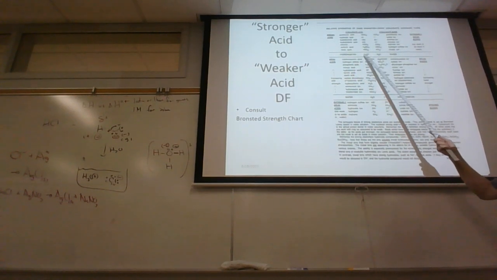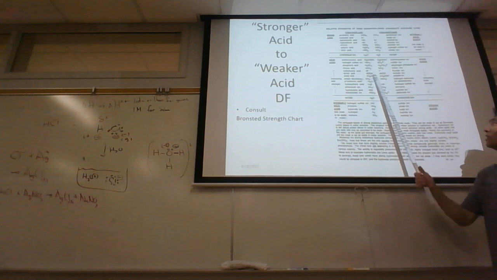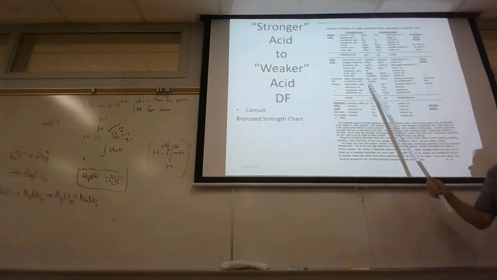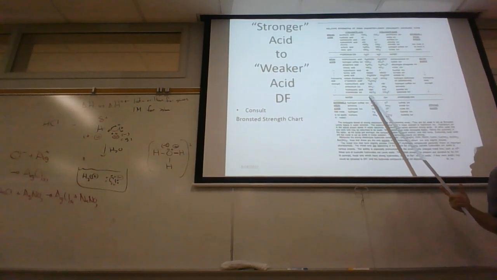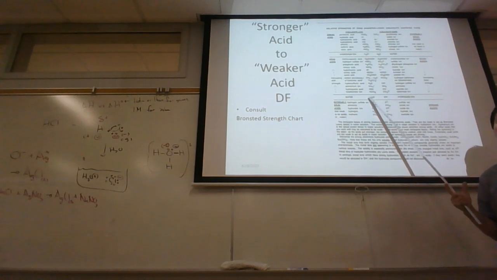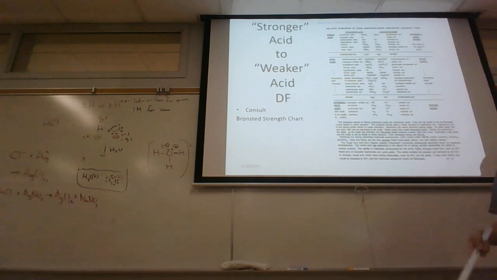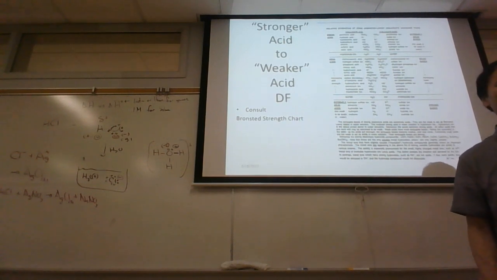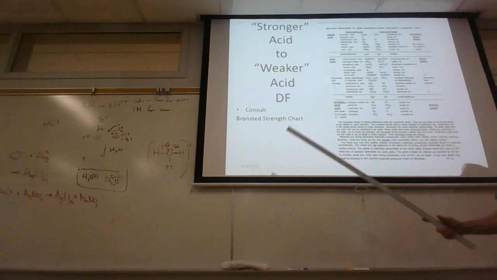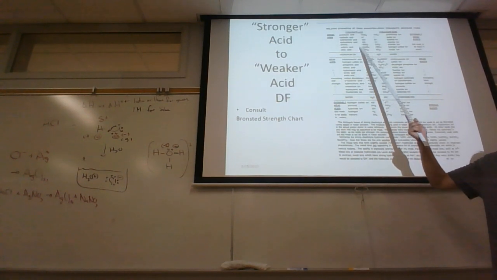And so all of them are going to yield the same, whereas the weak acids partially ionize, and therefore we don't generate the same amount of H plus. Since we generate the same amount of H plus with the strong acids, we call that the leveling effect. Have you heard of the leveling effect before? The leveling effect states that all strong acids have the same strength in water.